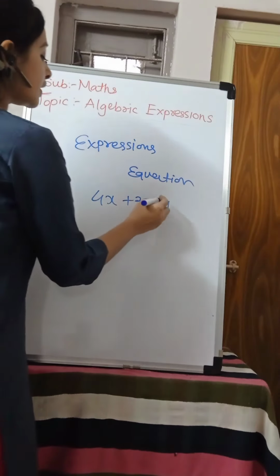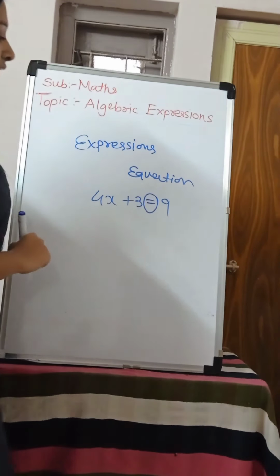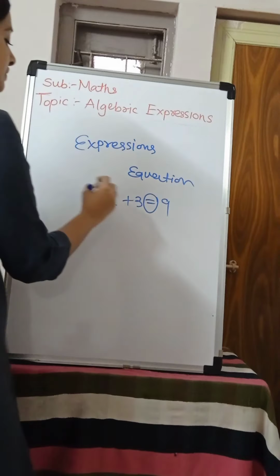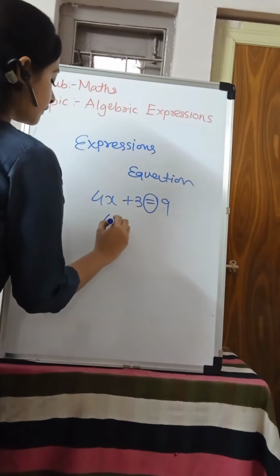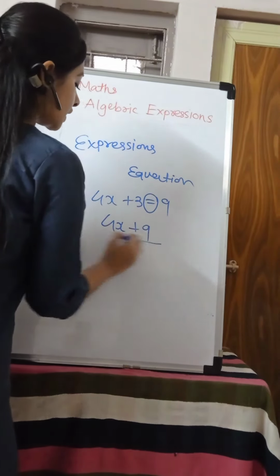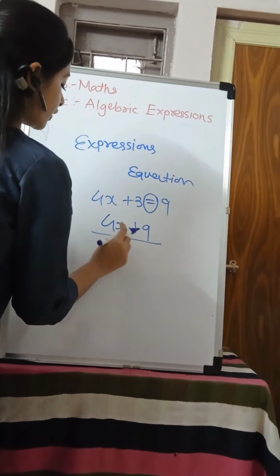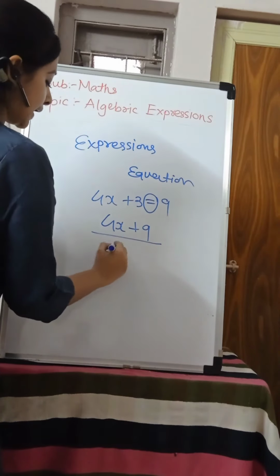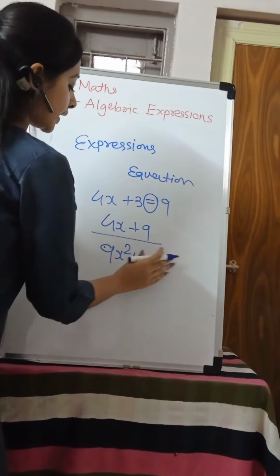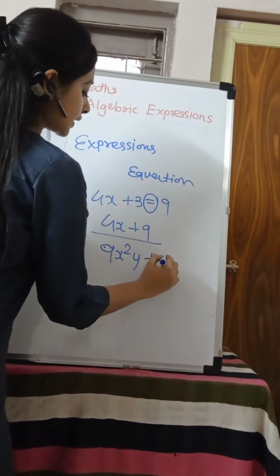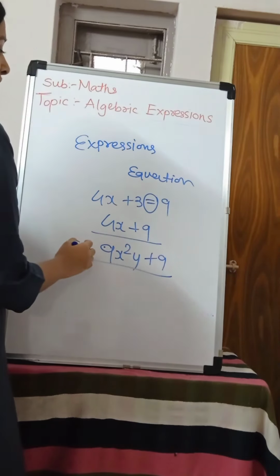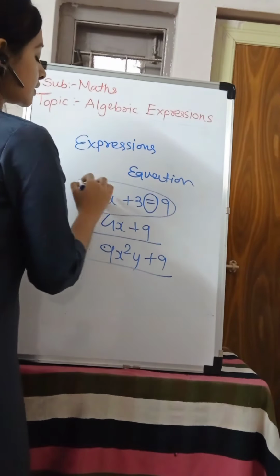For any sum, if we have a sign of equality, we call it an equation, but if it does not contain an equality sign, for example 4x plus 9, 9x square plus 9x square y plus 9, these two are expressions and this thing is an equation.